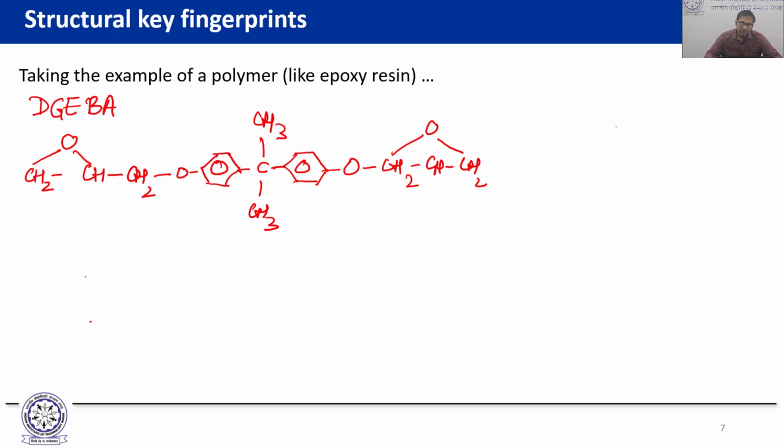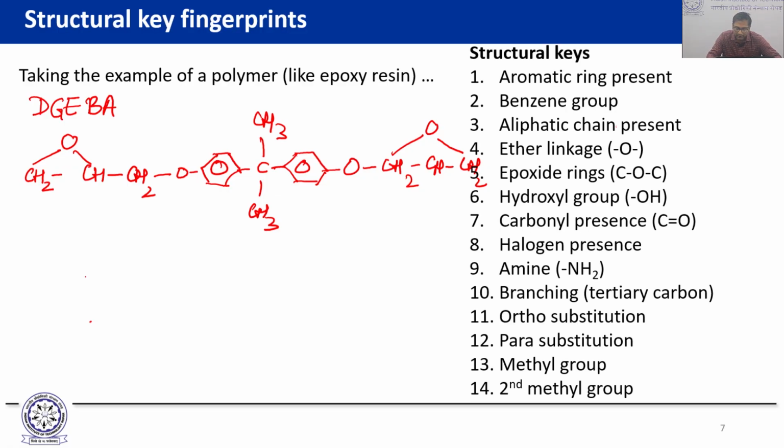Okay. So in order to encode this information carefully, I will need to start defining some structural keys. And to keep things simple, I am going to work with 14 keys. Now there are other substructures that can be added as structural keys here, but let me create my feature vector using only 14 different keys.